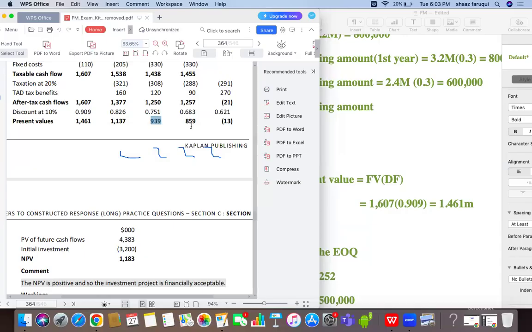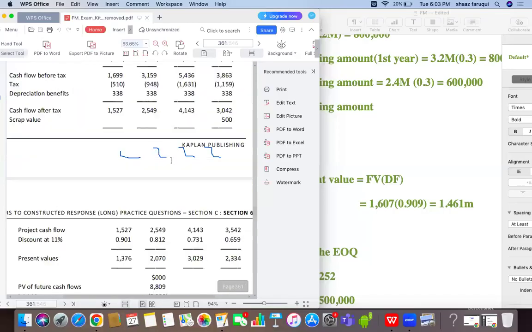Yeah, I'm just seeing if it adds up properly. It makes sense. It'll be about 4,383,000. And the initial investment now, the cash flow that is going out now, is 3,200,000. Therefore, the NPV is 1,183,000.